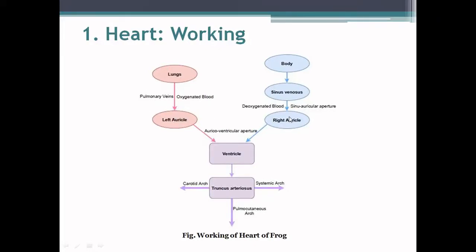These two auricles contract simultaneously and transfer their blood into the ventricle. In the ventricle, there is complete mixing of the blood. That's why the circulatory system is less efficient in case of frog. Ventricle transfers its blood into truncus arteriosus, which transmits it to the various body parts via three major arches.